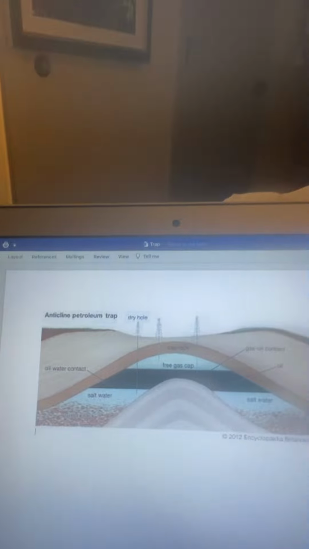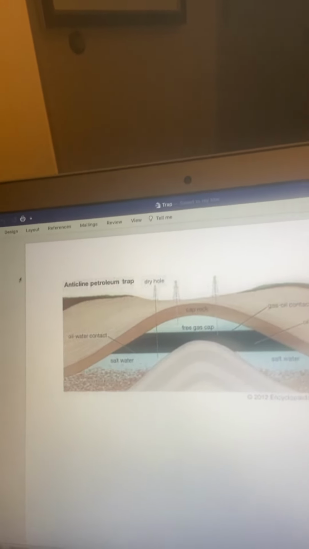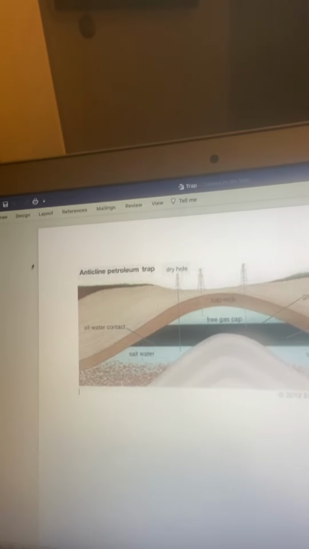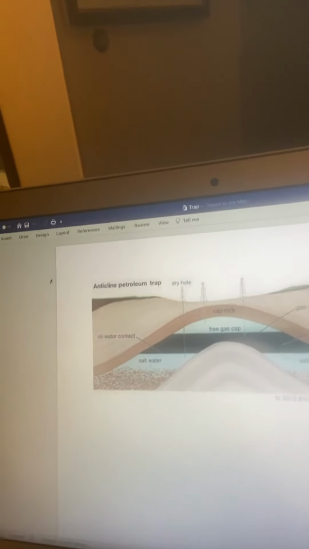The most profitable way to extract natural gas is called a trap. Here's a picture of a trap. The trap is right there. As you can see, the trap is underneath the ground, and so what we do is we drill a hole and extract all of the gas from it.